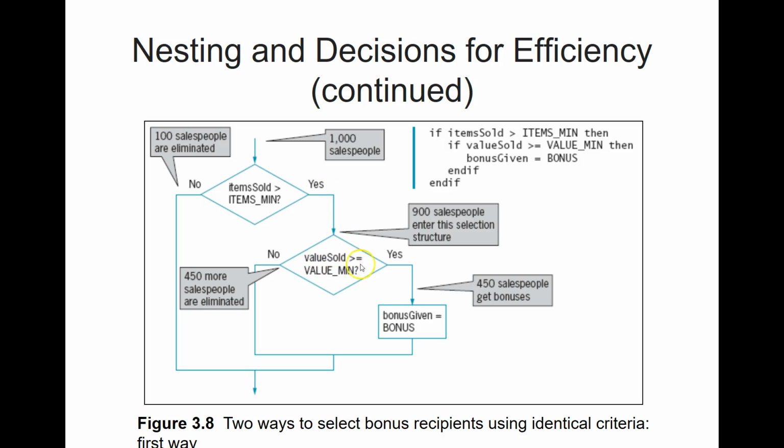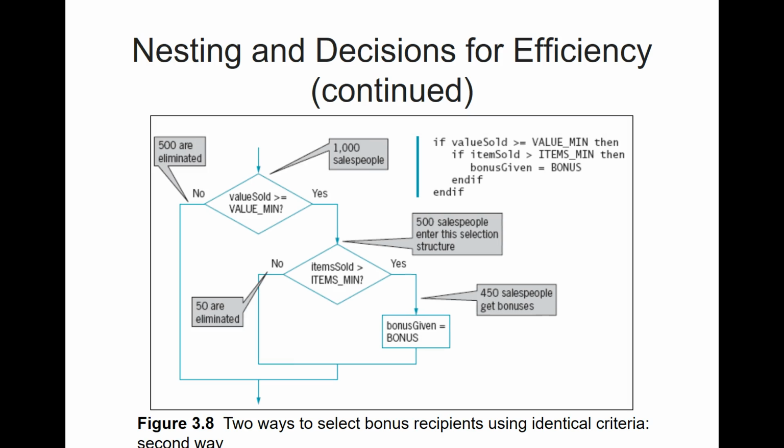And in this case, it happens to be an equal split. 450 people sold more than the value minimum, and 450 people didn't. So we drop off another 450 people, and 450 people get a bonus. Either way we run this, the same number of people are going to get a bonus, 450 people.